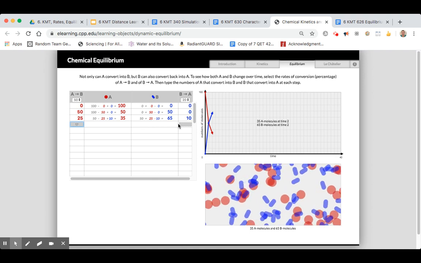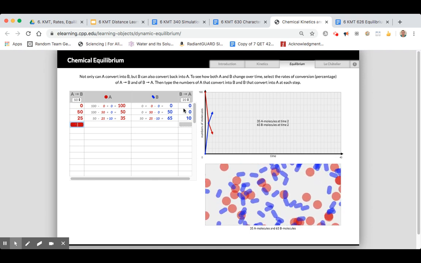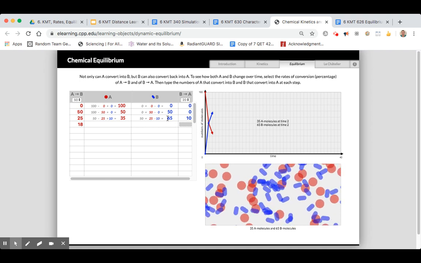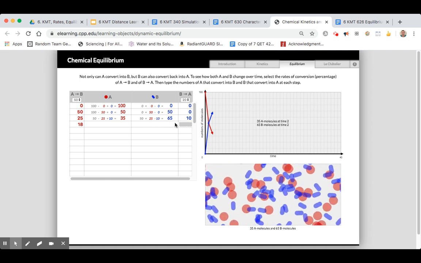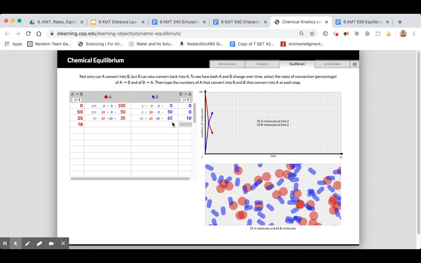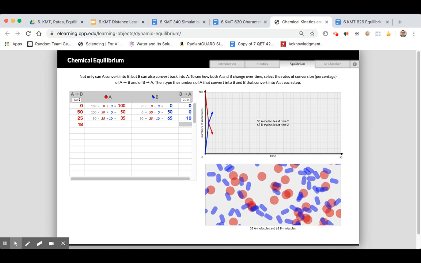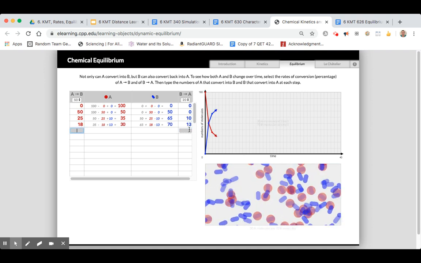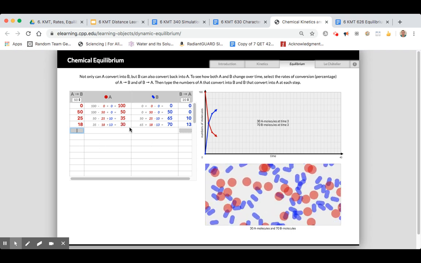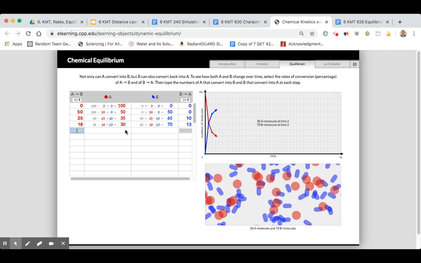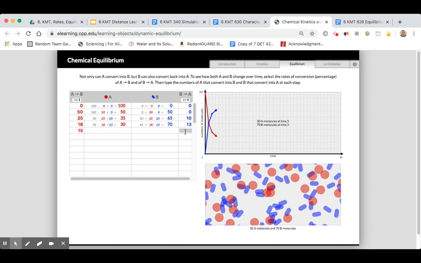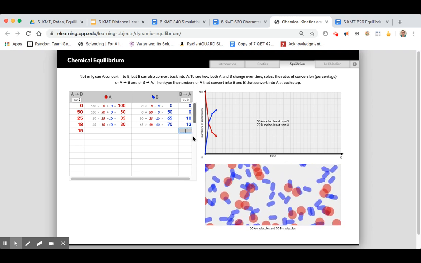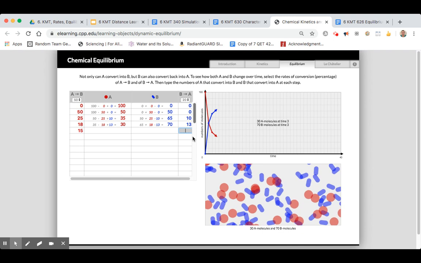Could be 18. Let's see. I guess it's 18. I would get out a calculator and I'm going to do 20% of 65, which I think is like 13. There we go. Perfect. Now I'm going to do 50% of 30. That's 15. And I've got to do 20% of 70.